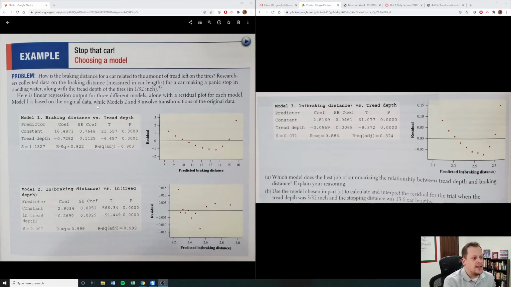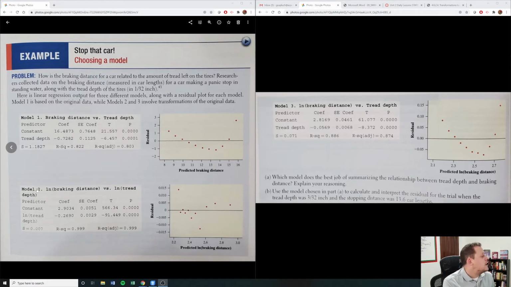So they did a linear regression for 3 different models, kind of like what we just showed up there. And they are giving us the residual plot for each model. So model 1 is based on the original data, so x versus y. Models 2 and 3 involved some transformations. So here is the output for the first model. This is just x versus y. And you can see the residual plot here.